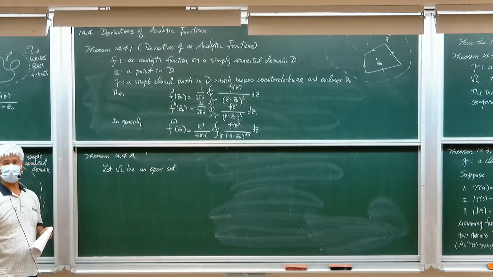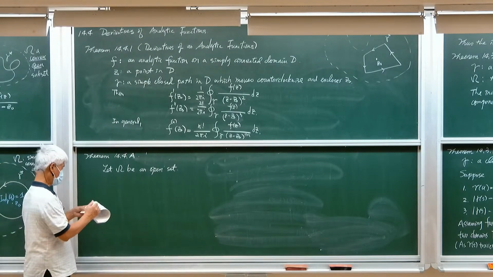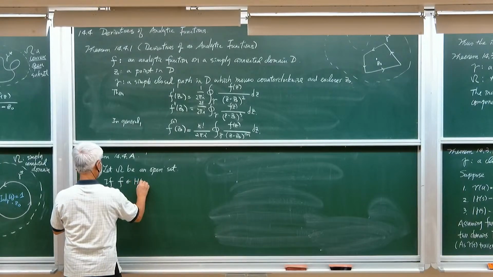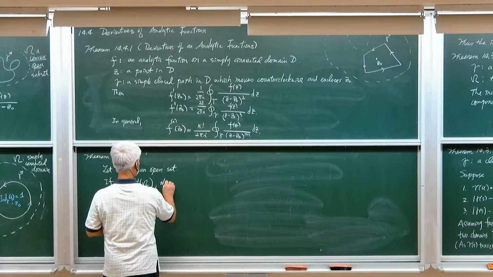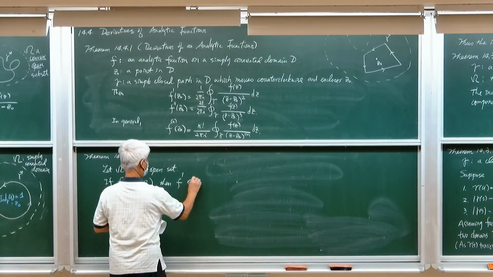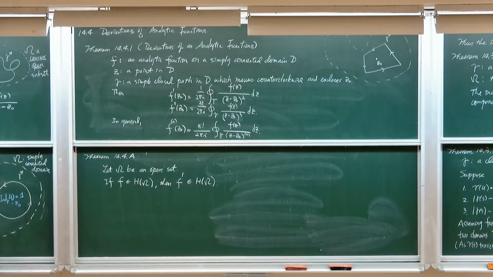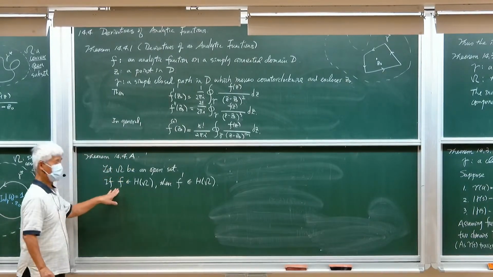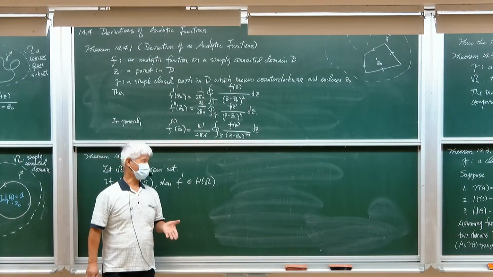So omega is any open set, not necessarily simply connected, just an arbitrary open set. If f is a holomorphic function on omega, then its first derivative is also a holomorphic function on omega. So this just says that if f is analytic on omega, then its derivative is also analytic on omega.